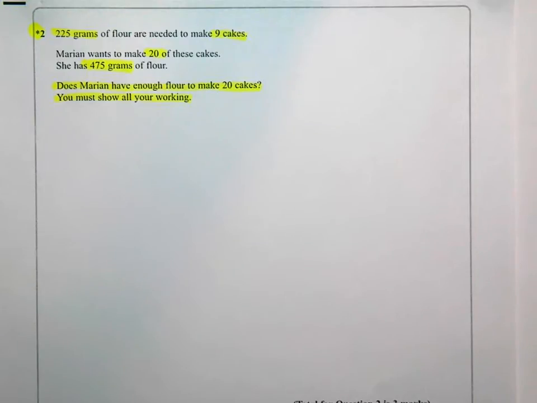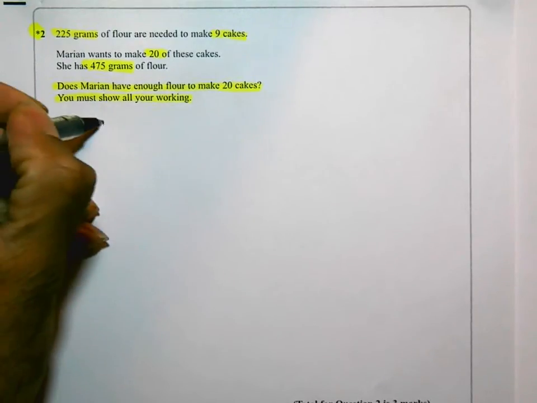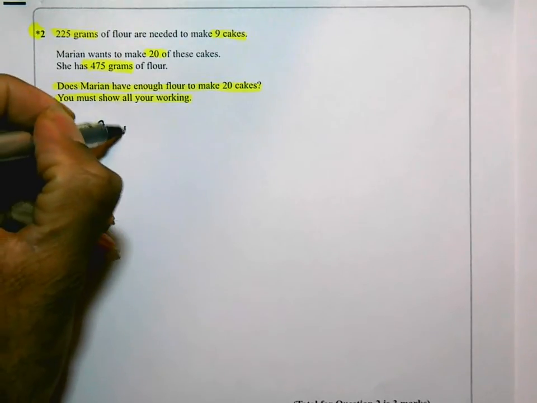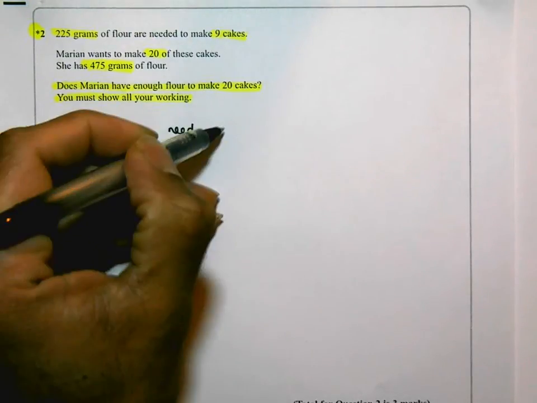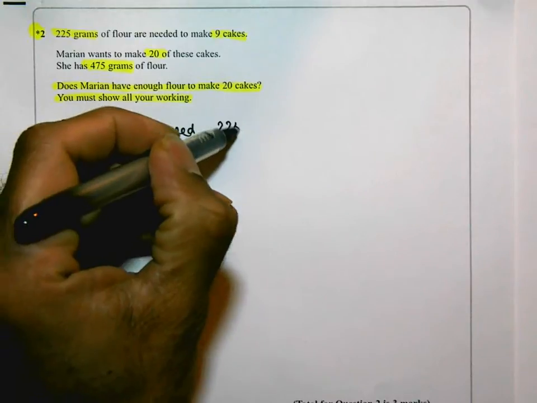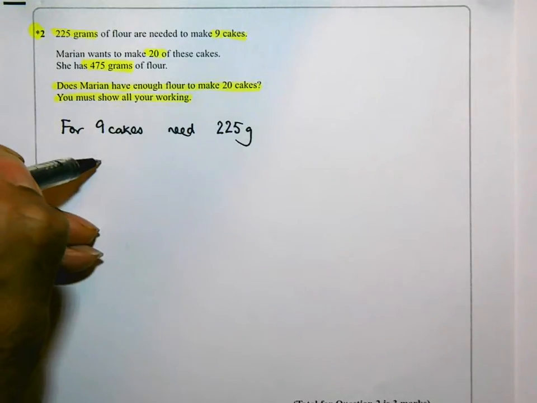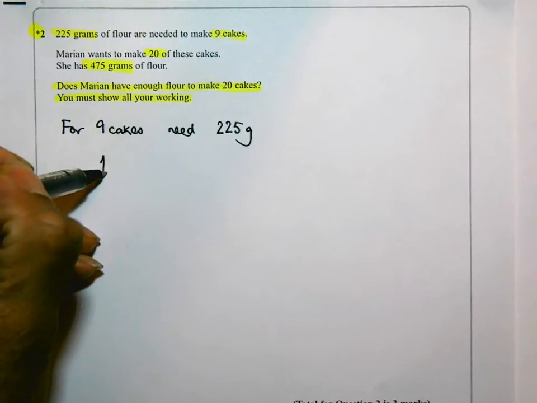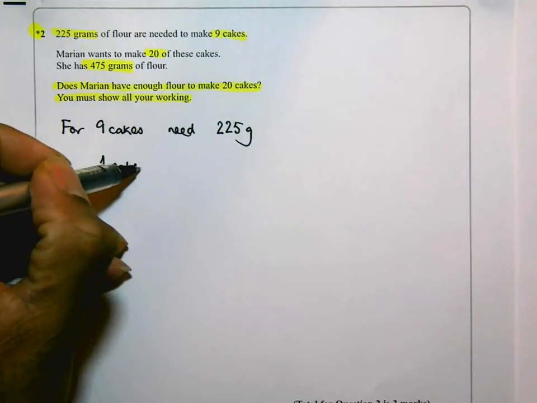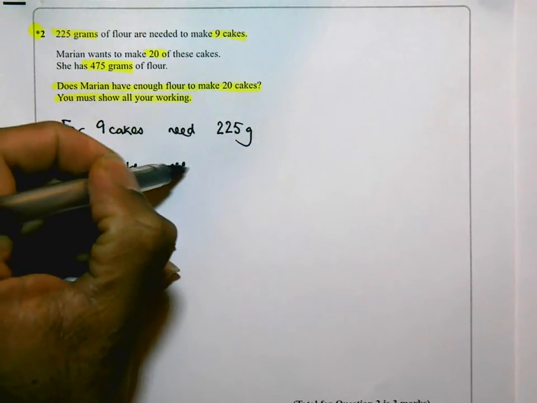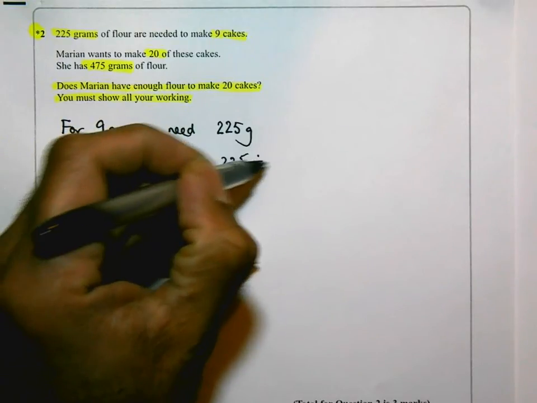Now what they've said is for 9 cakes, you need 225 grams of flour. So what I need to do first of all is to work out how much I need for 1 cake. So for 1 cake I'll need 225 divided by 9.